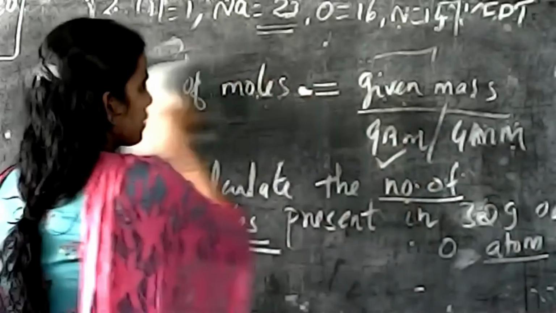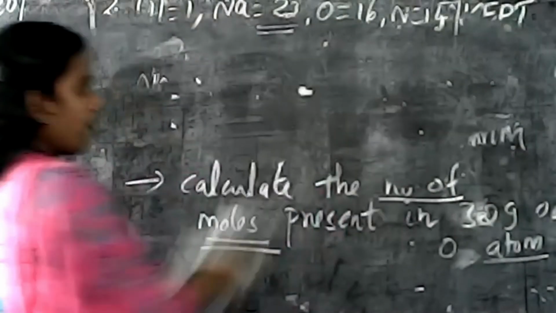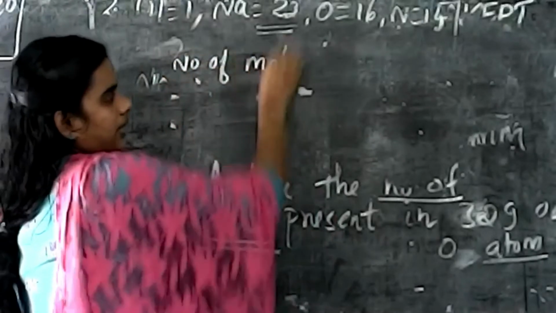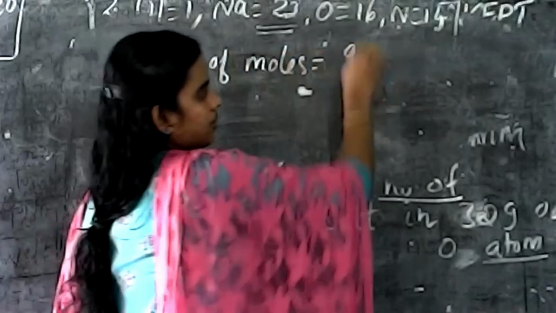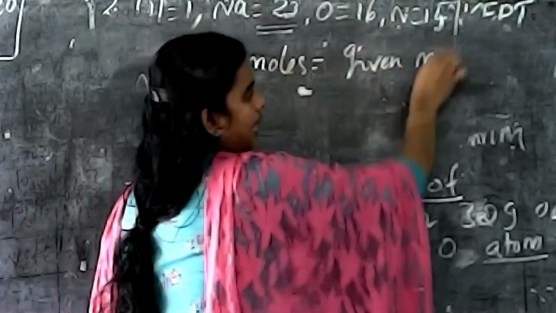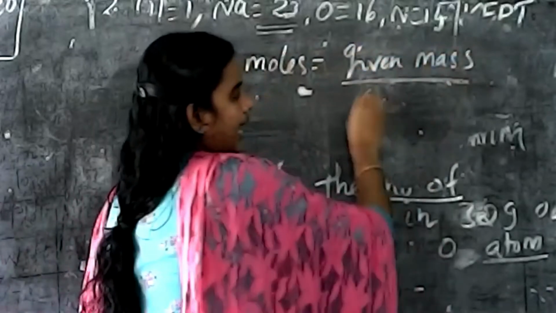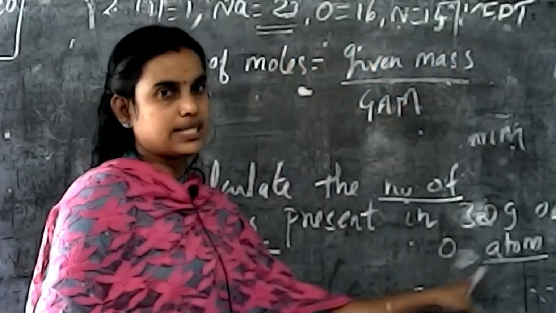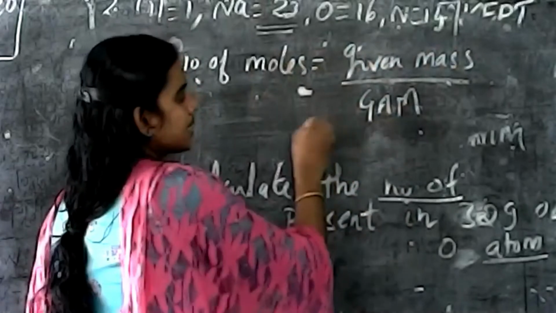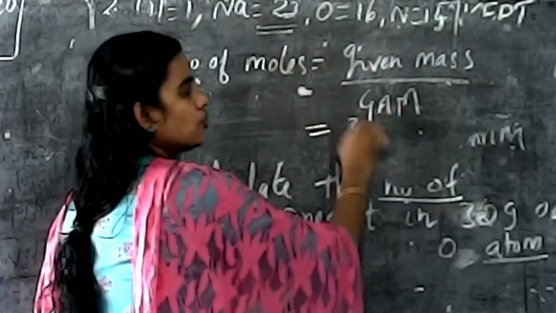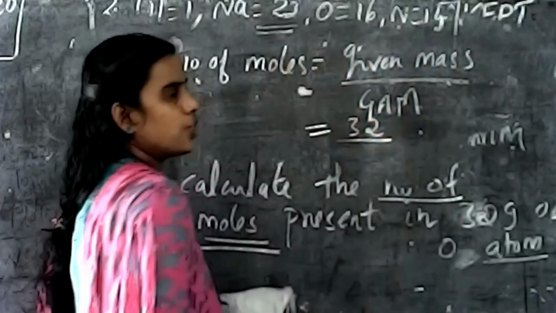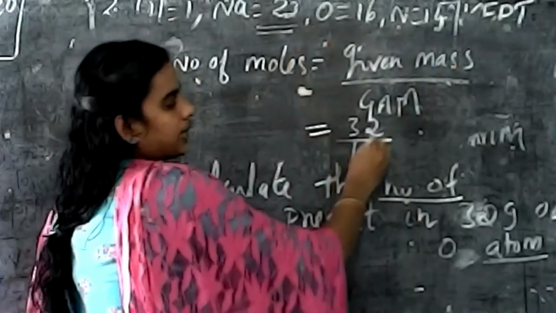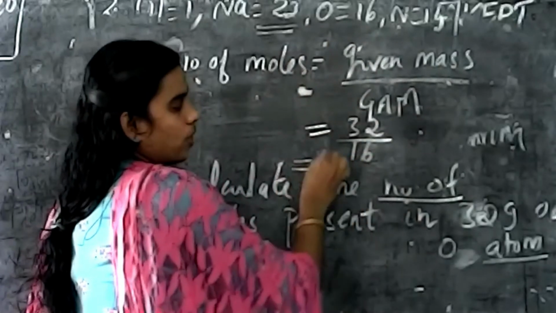Number of moles equal to given mass by GAM. I am selecting GAM because oxygen represents atom. What is the given mass here? 32 gram divided by GAM. What is the GAM value of oxygen atom? 16. So 32 by 16 equal to 2.